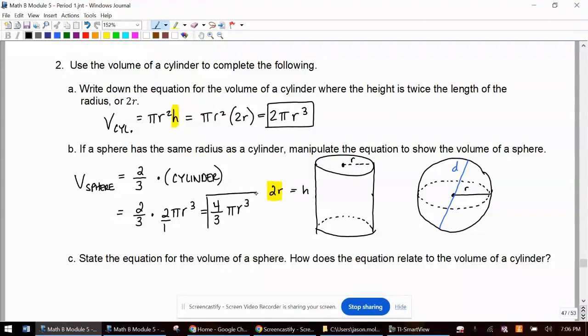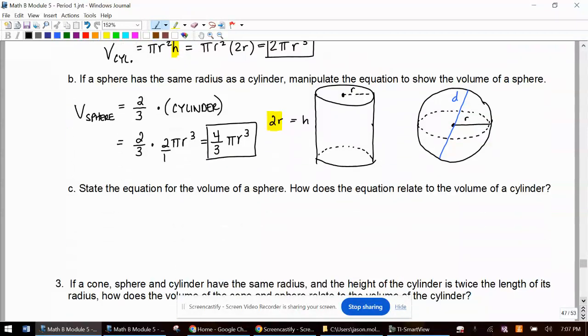So this is our volume formula for a sphere. And we can write it a couple of ways. We can write it this way with the fraction. Notice it's cubed. And then we can also write it this way as one big fraction. So there are 2 formulas for the volume of a sphere.